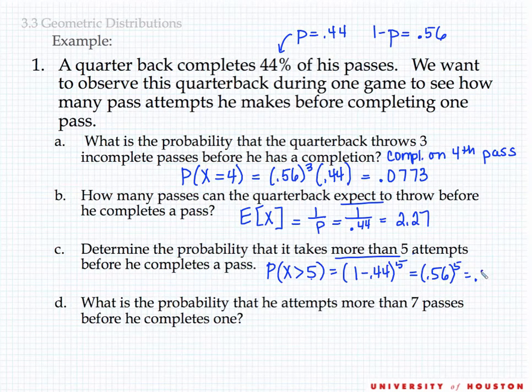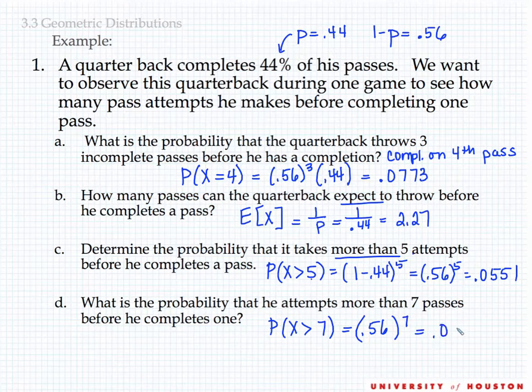This is 0.0551. What is the probability he attempts more than 7 passes? It will be 0.56 to the 7th, which is 0.0173.